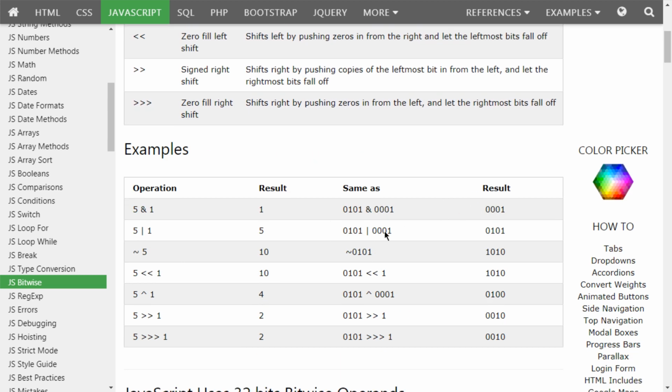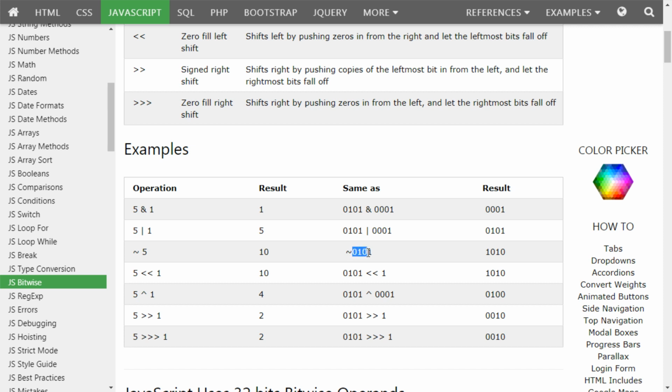In this case over here, they have some examples, some results, some equivalents. We're looking at the number 5. Now 5 in binary would be 1, 0, 1. So here we're saying not 5, and the result we would get is 10. So that's weird. Now they're using examples here with 4-bit binary numbers.